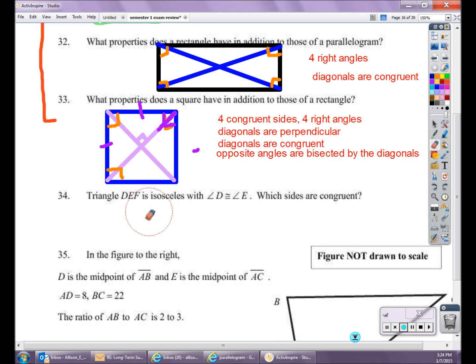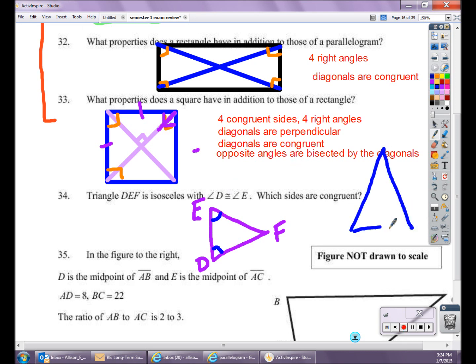Number 34. Triangle DEF is isosceles with D and E being the same. Okay. So you have an isosceles triangle DEF, and angle D is the same as angle E. Usually when you have an isosceles triangle, you probably imagine this, where this is 10, this is 10, and then these base angles are the same.